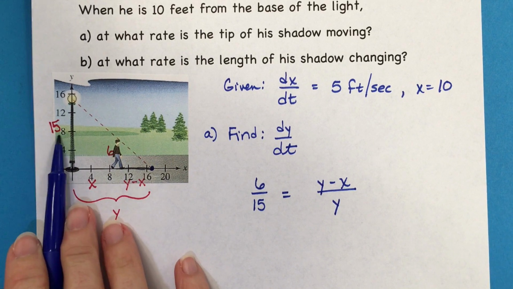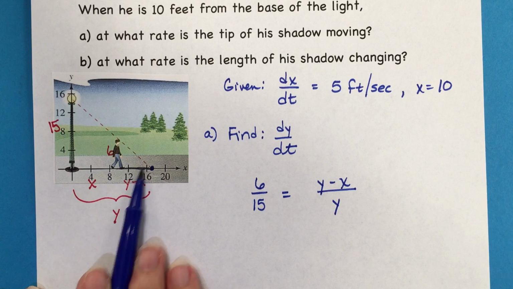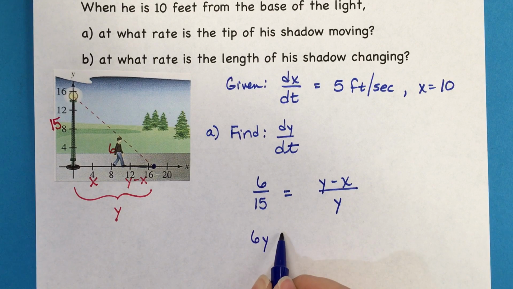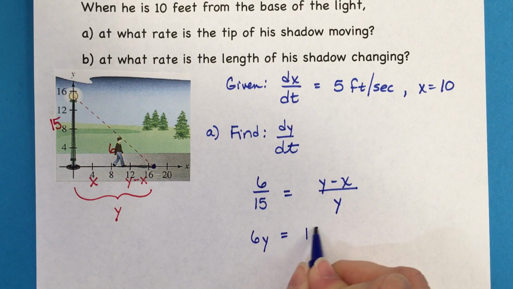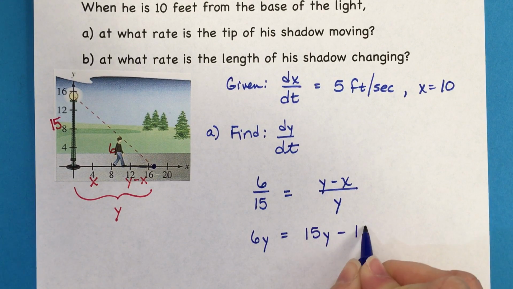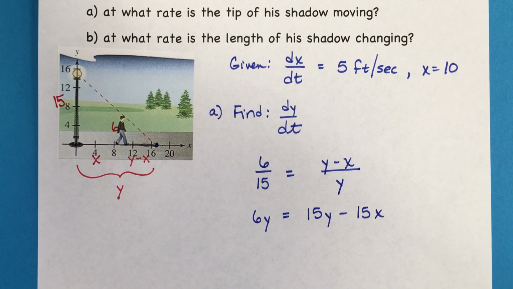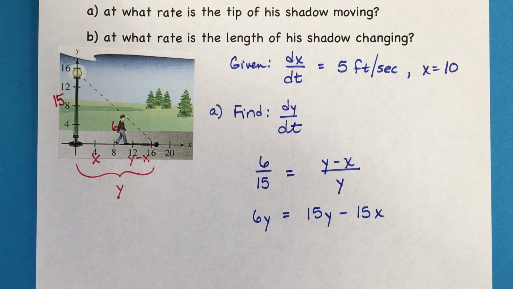Now cross multiply, and I'm going to distribute the 15. You actually don't have to distribute, but I'm going to. So this is the equation I've got to differentiate.